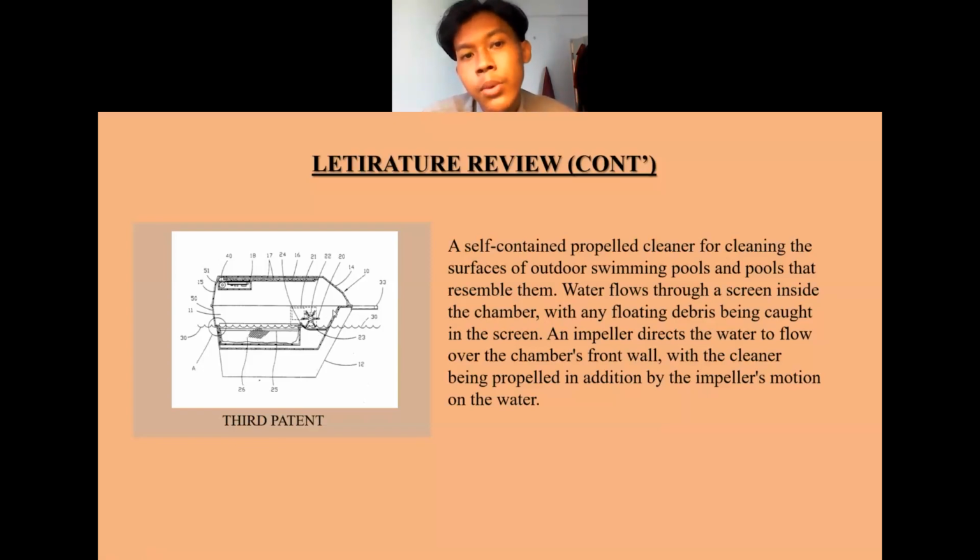The water flows into the machine and the trash, maybe dry leaves, plastic or anything, will be trapped in the chamber, and the clean water will flow back to the swimming pool, just like they mentioned here. Water flows through a spring inside the chamber, with any floating debris being caught in the stream.